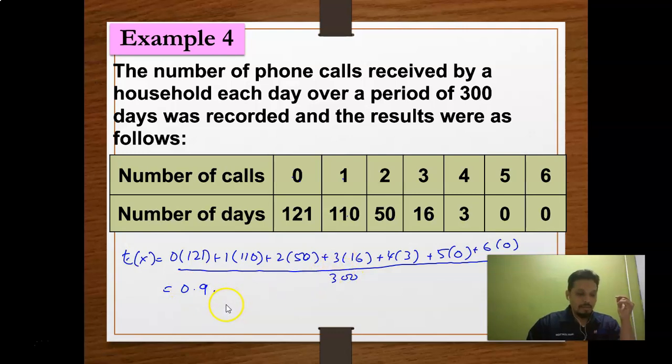So the question: find the mean and variance. The mean is 0.9 and the variance of x is also 0.9.